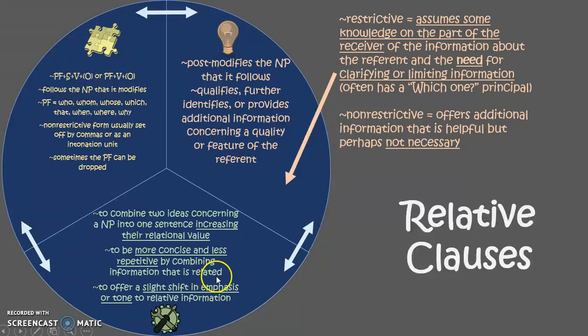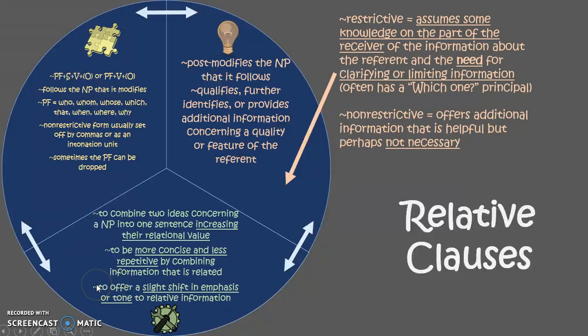So we want to try as much as possible to emphasize we're not just throwing in arbitrary information, but we're going to try to combine ideas that are related so that we can be more concise and less repetitive. To offer a slight shift in emphasis or tone to relative information.